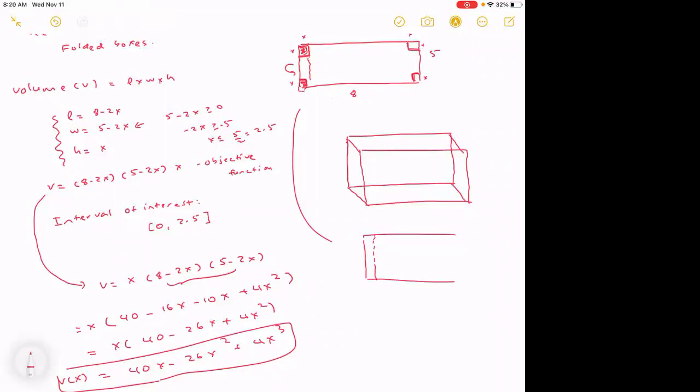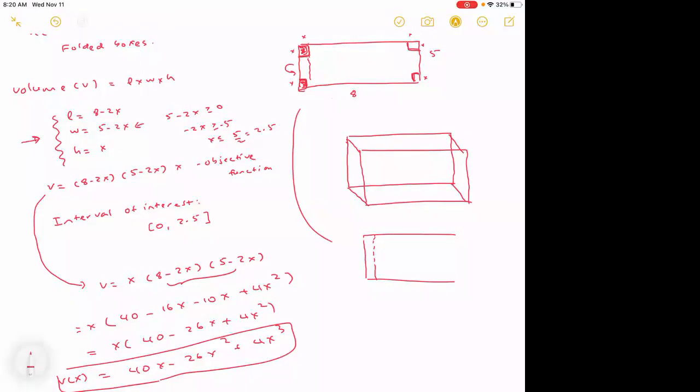That is the length of that square you want to cut out from each corner. So at minimum, it can be 0, right? At maximum, then see this length, width, and height. They cannot be negative. Now look at here.